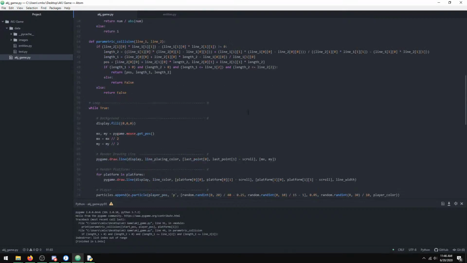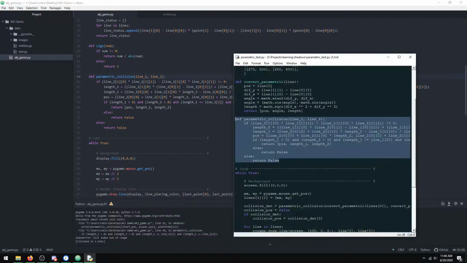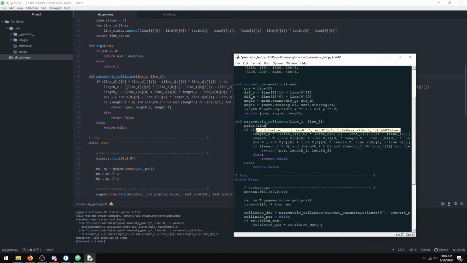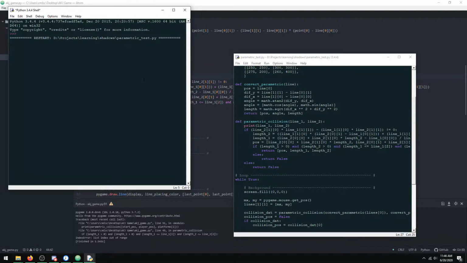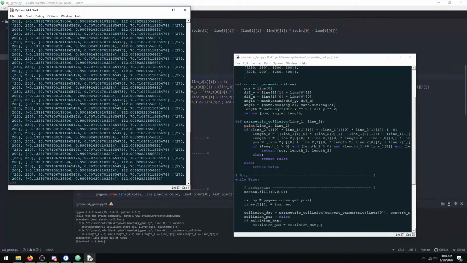Does it not like my map? Did I get the arguments wrong? I probably got the arguments wrong. Line 192. Well, I can open up the other one and just print it out. Print line 1, line 2. Maybe it's in a different form. What is this? What am I looking at?